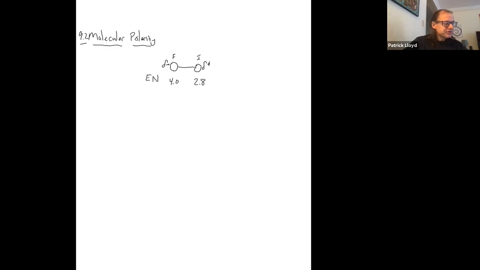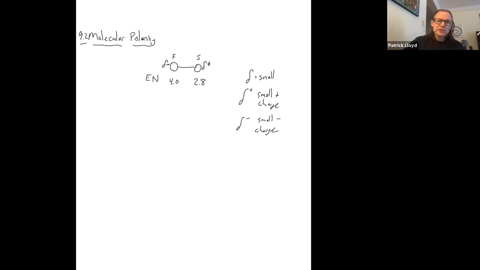So we use the symbol delta to mean small. So if we say delta plus, we mean a small positive charge. And if we put delta negative, we mean a small negative charge. Electrical charges we're talking about, okay? So there's a significant difference between those two electronegativity values.